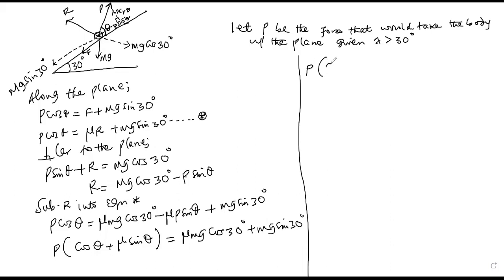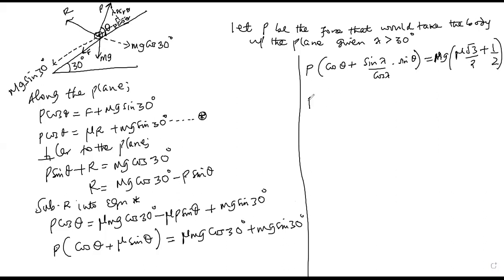So P into cos theta plus sine lambda over cos lambda, then times sine theta, is equal to mg, factorizing out mg, you'll be left with mu times cos 30, but cos 30 is 0.866, which is root 3 over 2, plus sine 30 is a half.